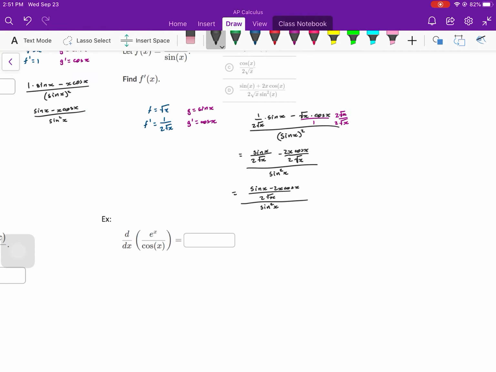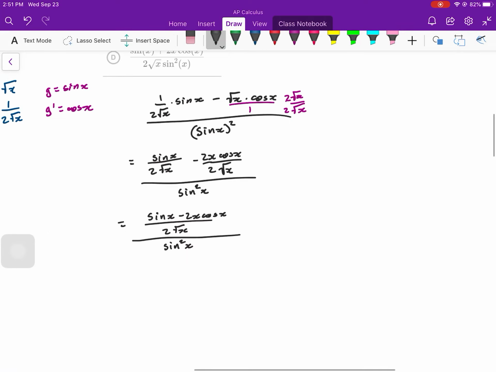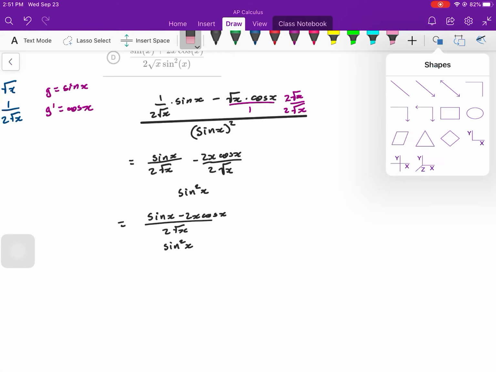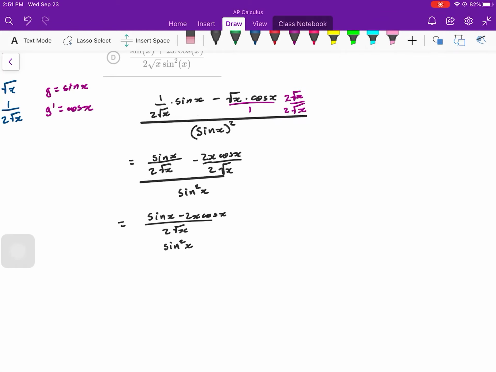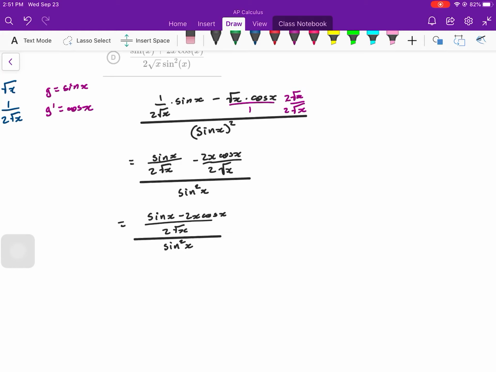Let me just move this down, give us more room for this problem. So what we have now is a fraction over a fraction. So this is over 1.